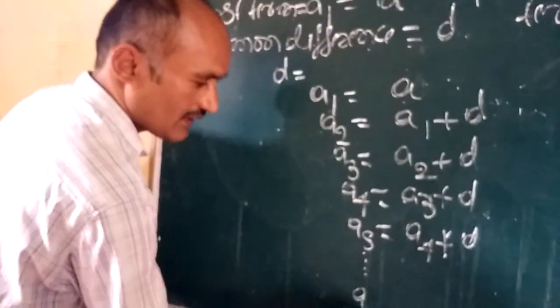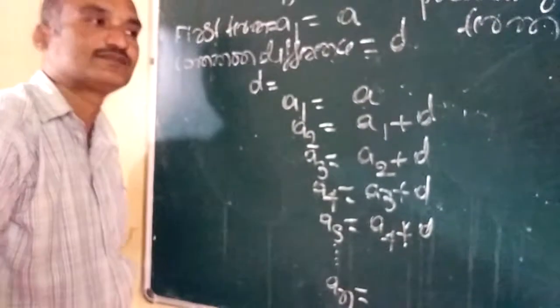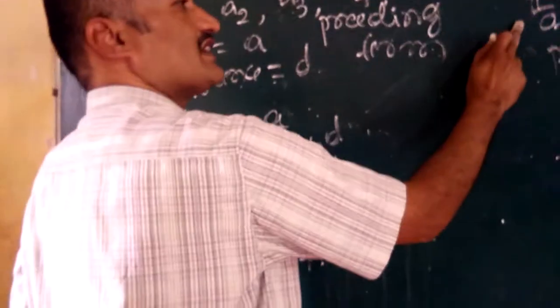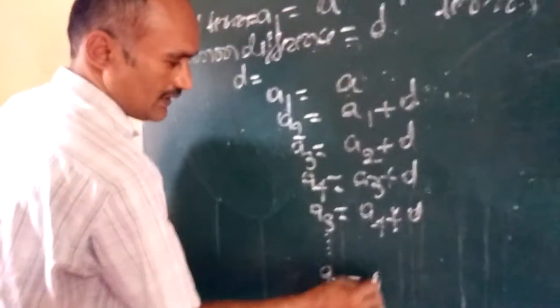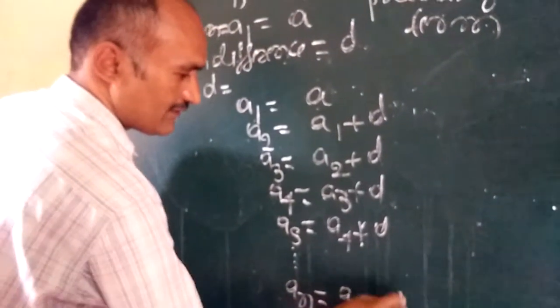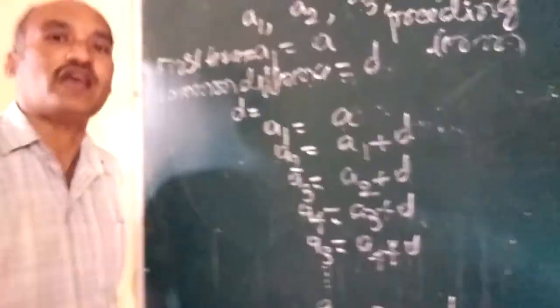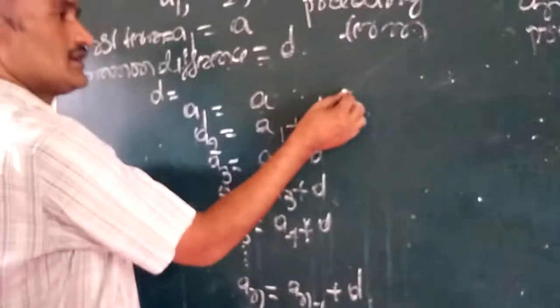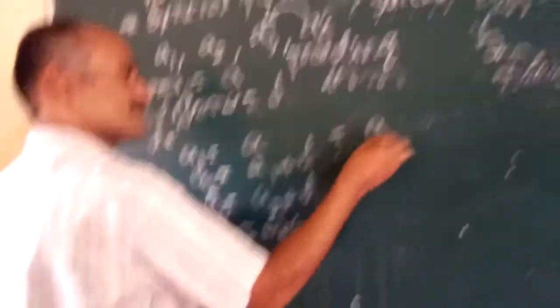And so on. So for the nth term, its preceding term is An minus 1, and to that the common difference should be added. So we keep this A as it is.